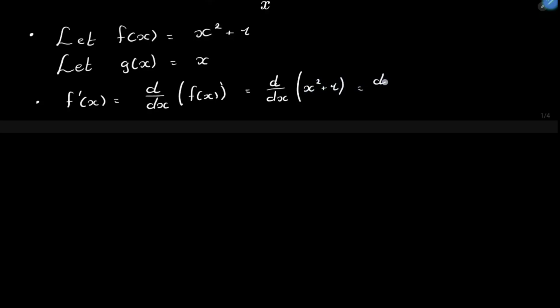And this gives us, from our sum rule, the derivative with respect to x of x squared plus the derivative with respect to x of 1. This then gives us 2x to the 2 minus 1 using our power rule plus 0 using our constant rule, which states that the derivative of any constant gives us 0. Simplifying this, we have 2x.